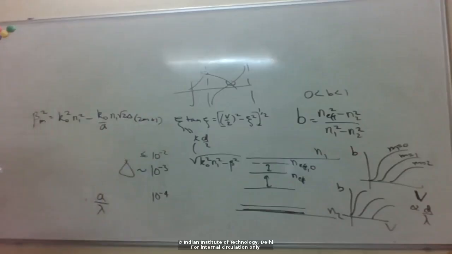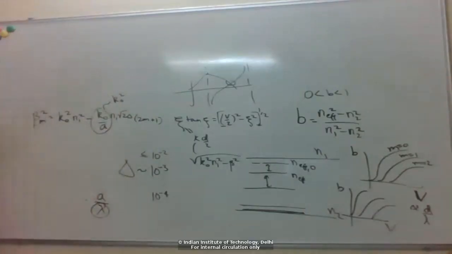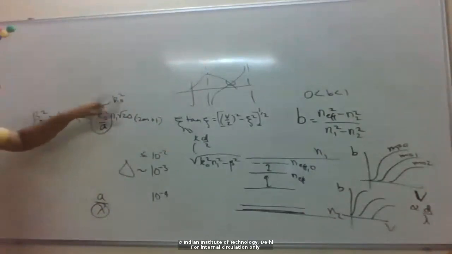So what's the confusion? Let's say a is of the order of lambda, then k naught by a is sort of like k naught square. So here you'll get k naught square.